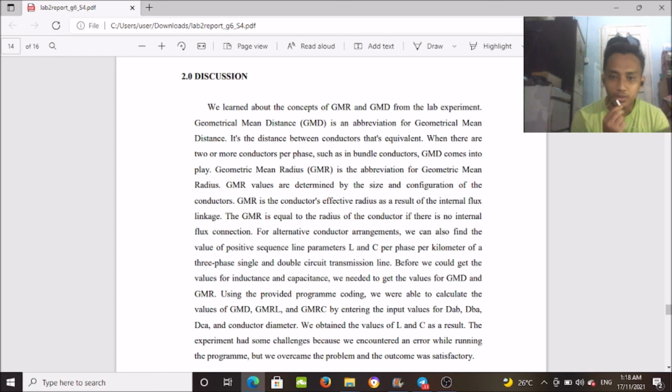Using the provided program coding, we were able to calculate the values of GMD, GMRL and GMRC by entering the input values for DAB, DBC, DCA and conductor diameter. We obtained the values of L and C as a result. The experiment had some challenges because we encountered an error while running the program, but we overcame the problem and the outcome was satisfactory. That's all from me.